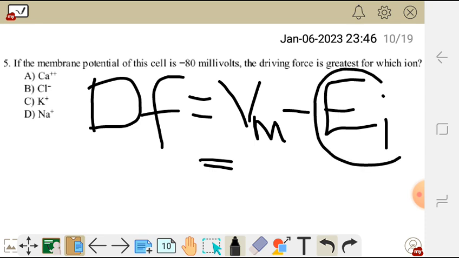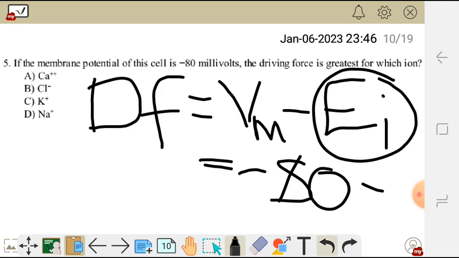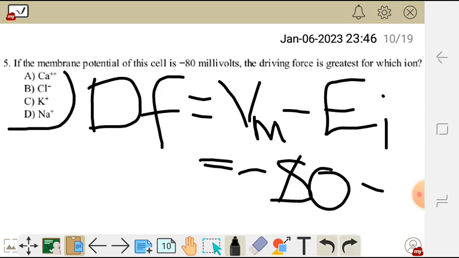Now the equilibrium potential we calculate using the Nernst equation. So we are going to say negative 80 minus the equilibrium potential for each and every ion of these.